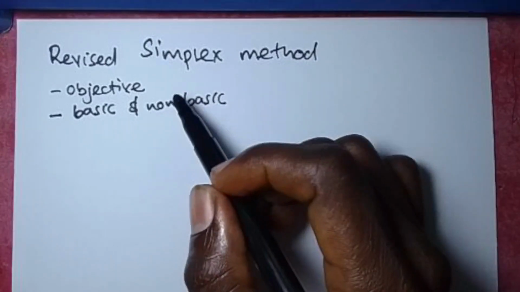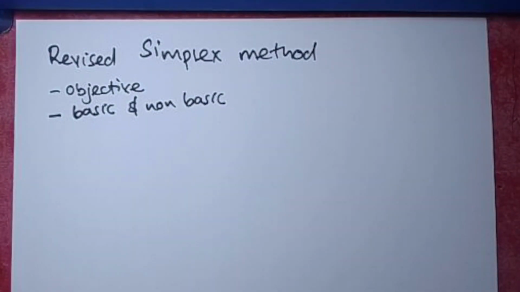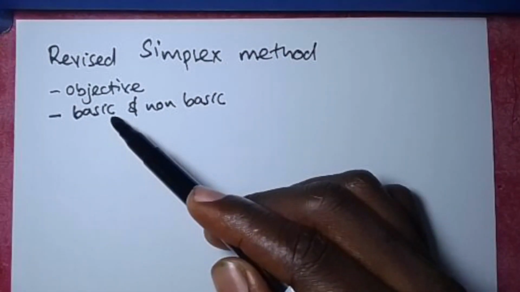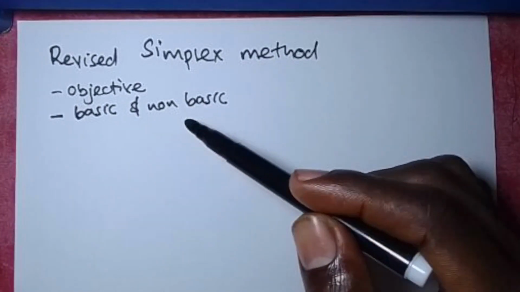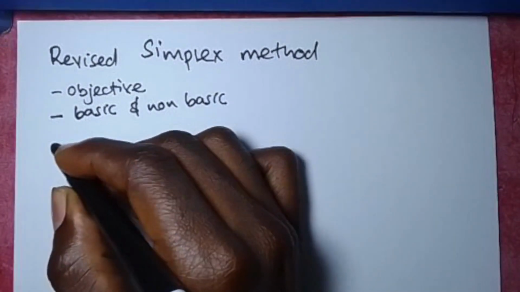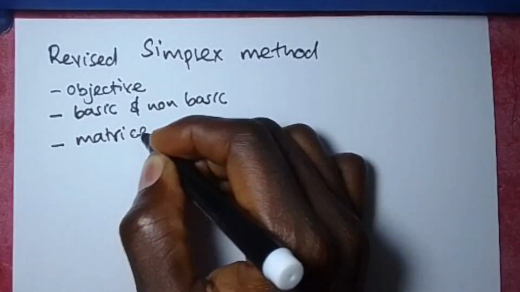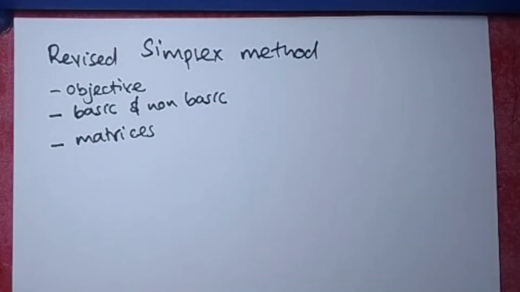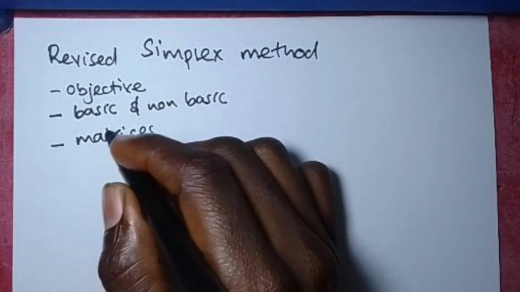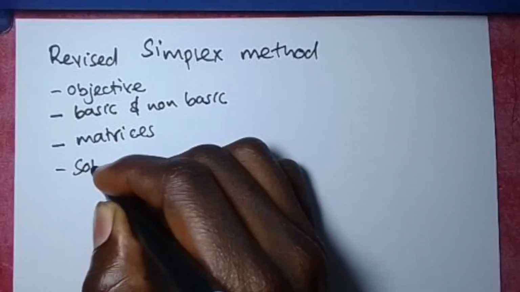So we shall divide our equation, together with the constraints, into two parts, comprising basics and non-basics. Then we shall represent this in the form of matrices. And finally, from this we shall solve for the answer.